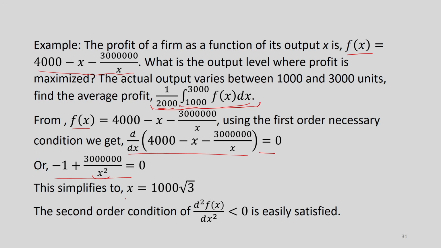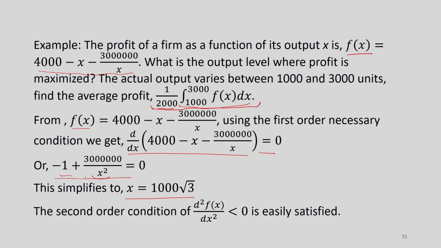And then this gives me the solution x is equal to root over 3 million. I take the positive root because output cannot be negative, and root over 3 million is 1000 multiplied by root over 3. Now, this was coming from the first order condition. So, I have to see whether the second order condition is satisfied or not.